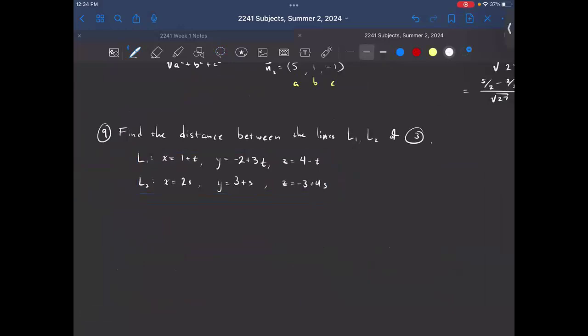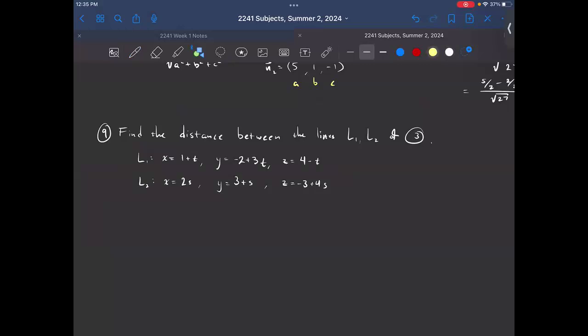It means we're not going to have an easy time just attacking this blindly. So what do we do? This is a bit weird. What you want to do is think of the lines L1 and L2 as lying on parallel planes, just like in problem 8.